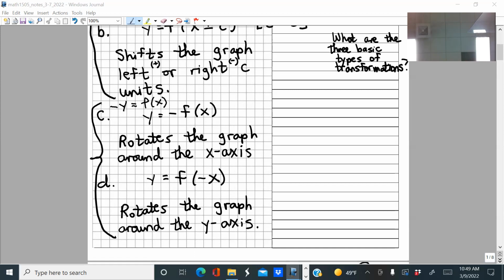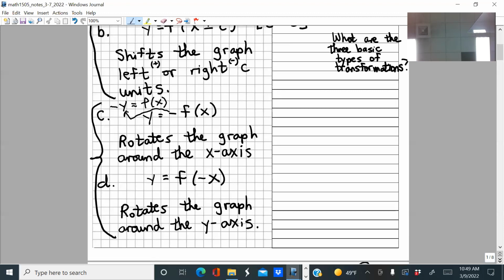Again, these rotations are really the same, because if you take this equation and divide both sides by a minus sign, guess what happens? The minus sign shifts to the left-hand side, so you get minus y is equal to f of x.